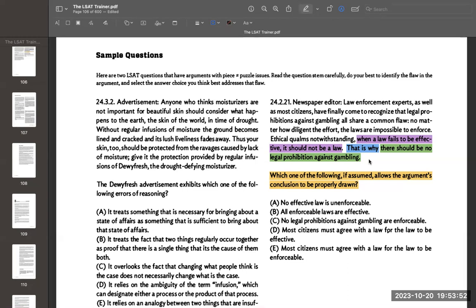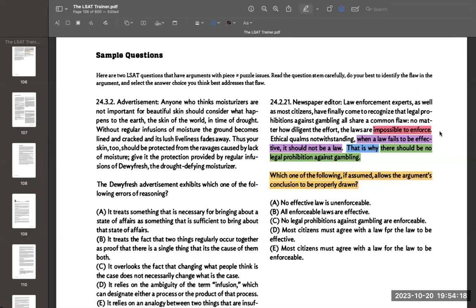Okay, so if we go further back, we will see that they say that legal prohibitions against gambling share a common flaw, that flaw being that they're impossible to enforce. So they didn't specifically say that those laws are ineffective. They did say that they're impossible to enforce. So that's the gap here.